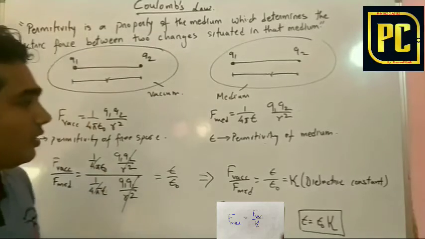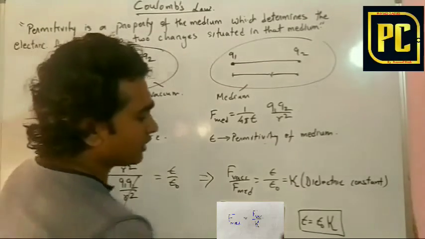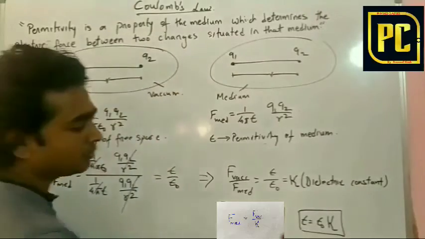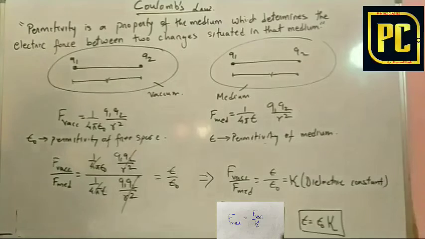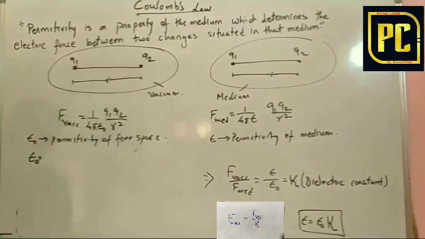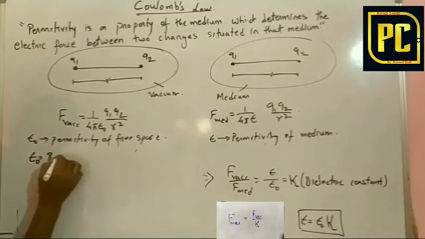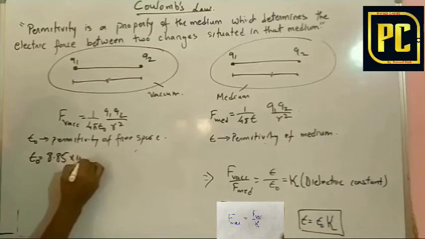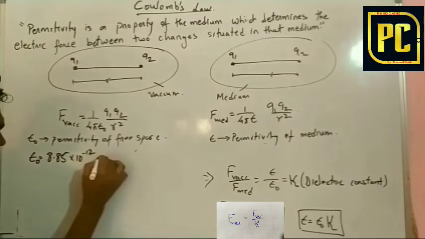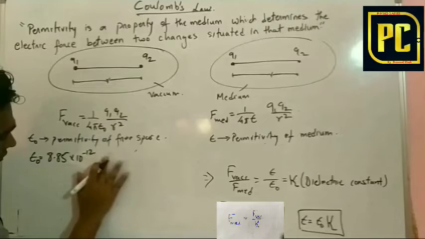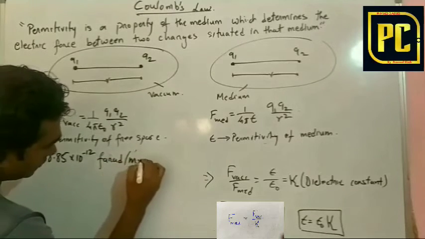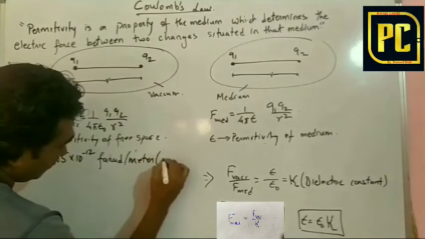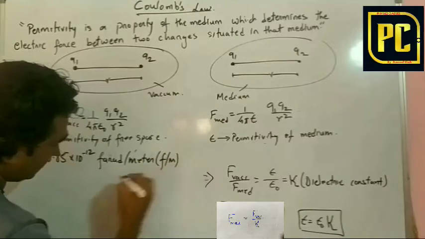And while solving problems, it's better if you know the value of epsilon naught. The value of epsilon naught is 8.85 into 10 to the power minus 12 farad per meter.